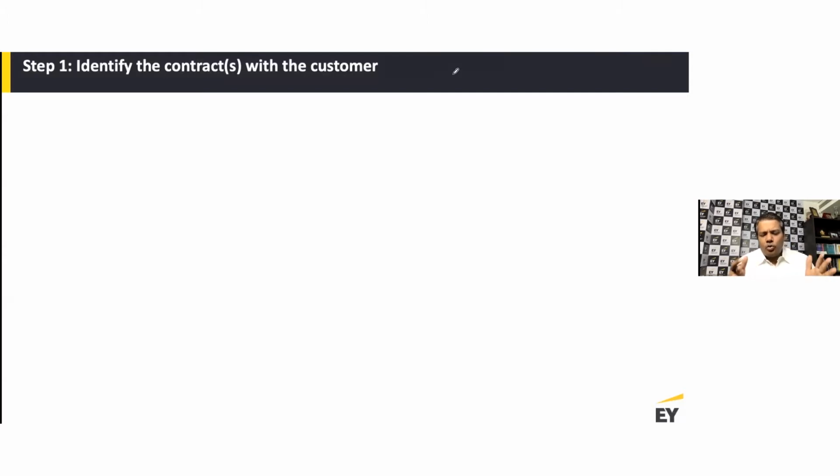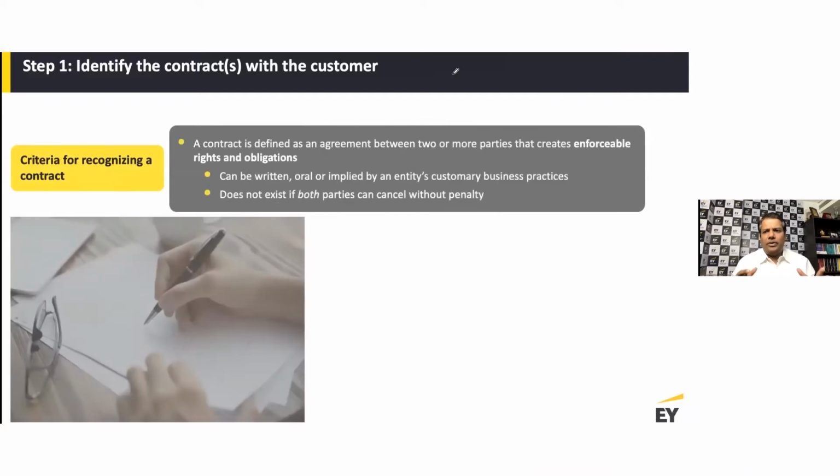For a contract to exist, we need two parties to the contract. And when we ask whether a contract exists or not, what do I need to think about? Is this arrangement enforceable under a court of law?